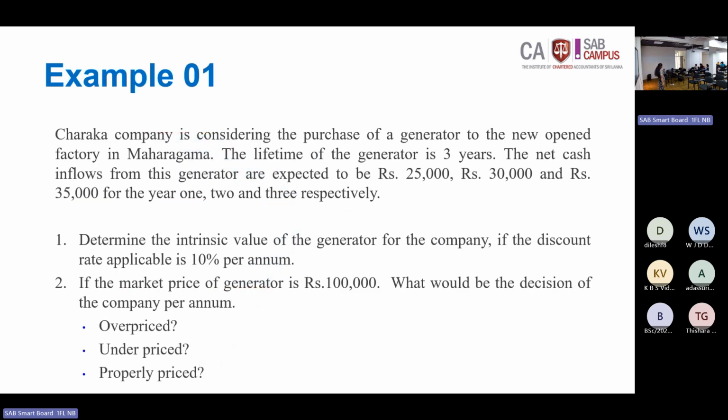Example number 1. Quickly do it. Read the question. Saraka company is considering a purchase of a generator for a newly opened machine operation in Maharagama. The life of the generator is 3 years. The net cash flows from the generator are expected to be 25,000, 30,000, and 35,000 for the first year, second year, and third year respectively. It asks: determine the intrinsic value of this generator.